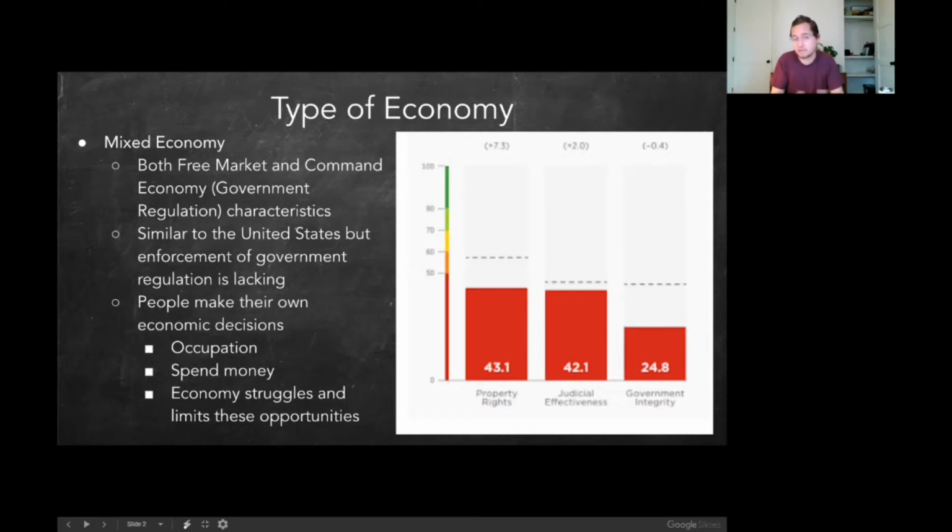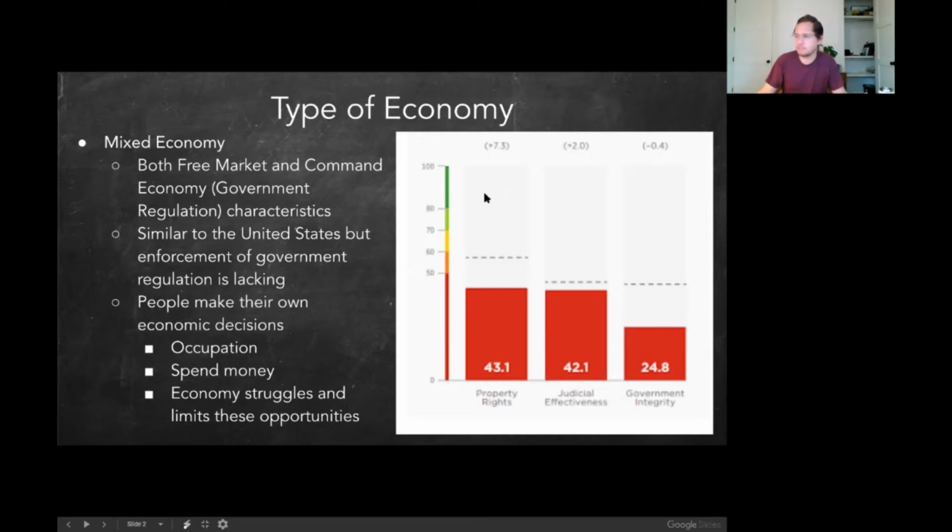Those are some of the issues facing Malawi. Here I was looking at a resource talking about the health of Malawi's economy. This is showing the rankings and how the government does in protecting people's rights. They don't do well here. The red means it's just not going well.